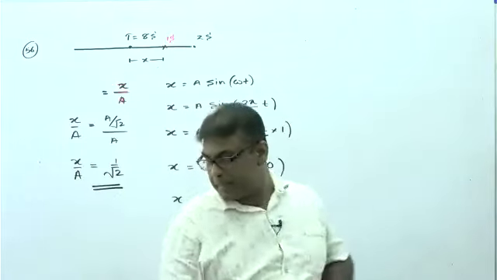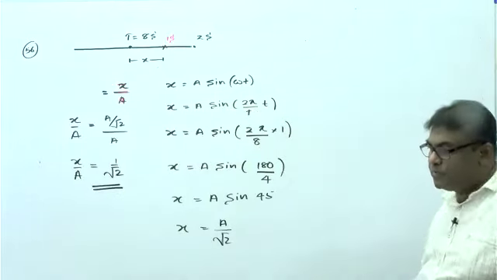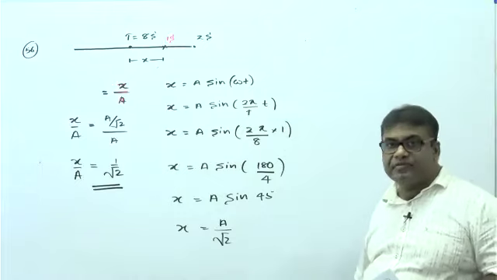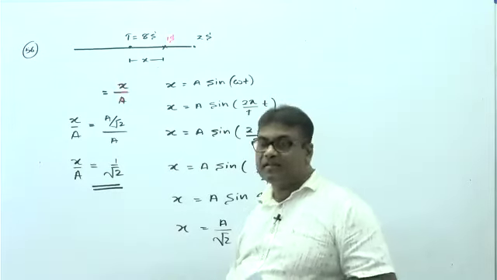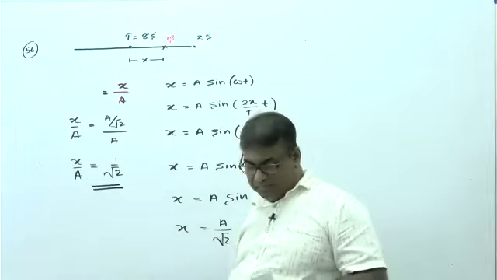Okay, right. The ratio of distance after 1 second and after the second should be like this.